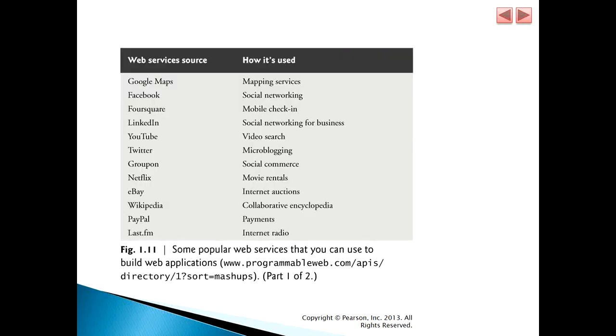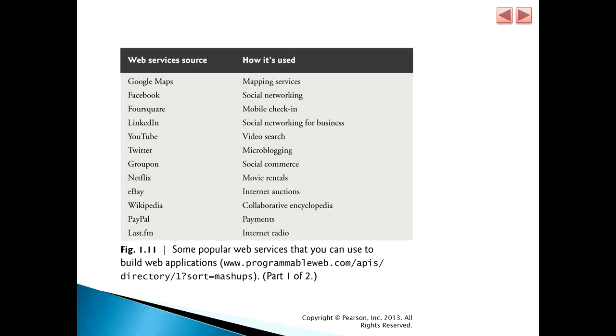You need to read some details, and these are some examples of web resources under Web 2, like Google Maps, Facebook, Foursquare, LinkedIn, YouTube, Twitter, Groupon, Netflix, eBay, Wikipedia, PayPal, Last.fm.